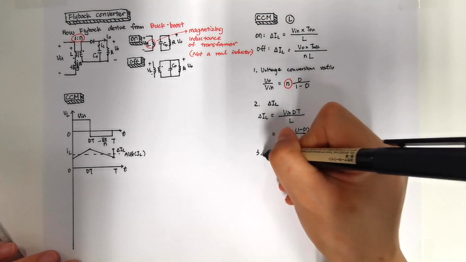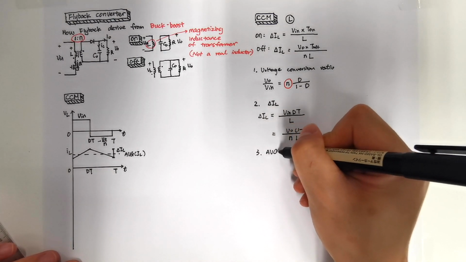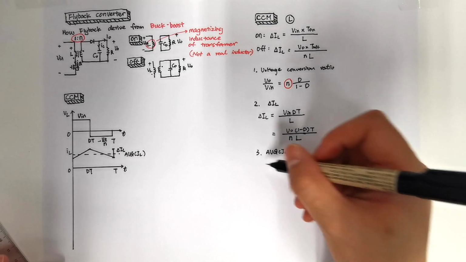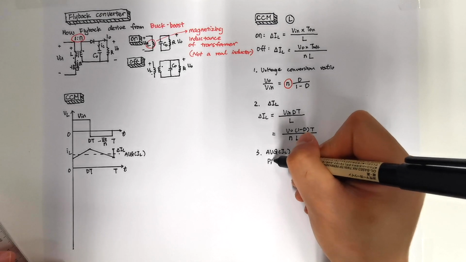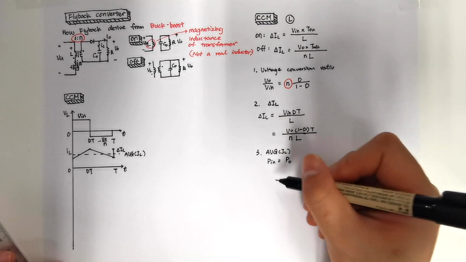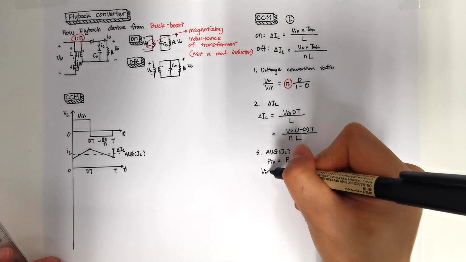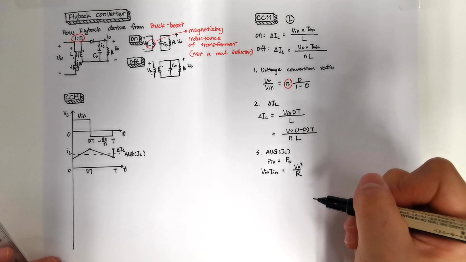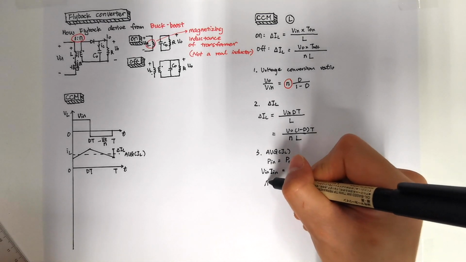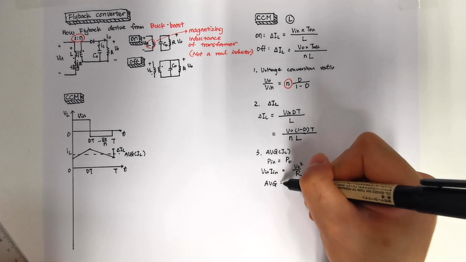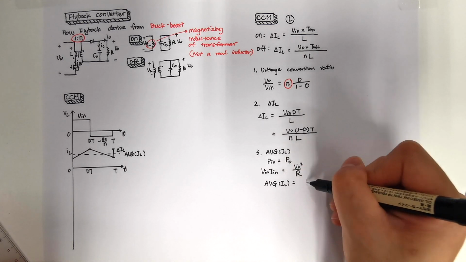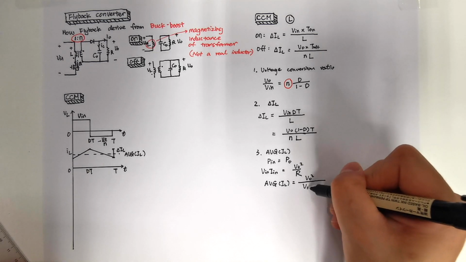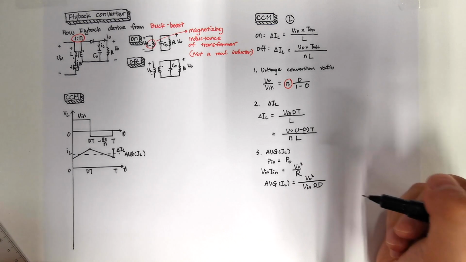And the third thing we can know is our average inductor current. This one is the same as the buck-boost. We still use input power equals output power, where input power is Vin times Iin, and output power is Vout squared divided by R. So we have exactly the same average inductor current as the buck-boost: Vout squared divided by Vin times RD.